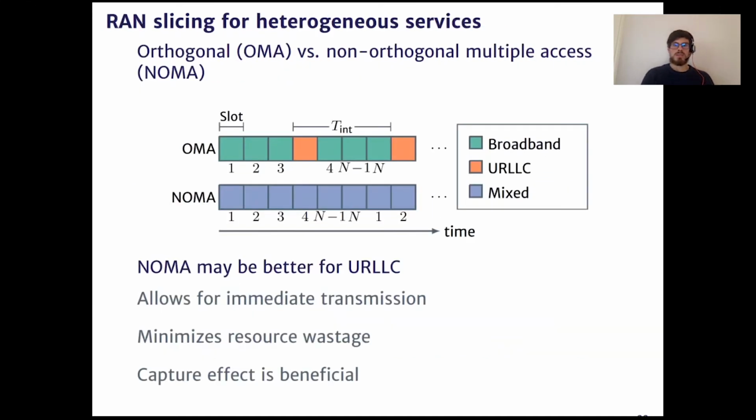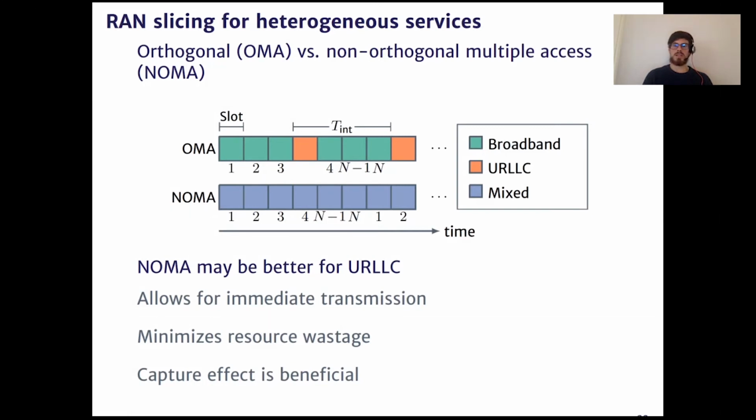Another thing that we can do, but this is more for the connected state that I described before, with orthogonal multiple access, is basically TDMA with the broadband user. So here we're considering heterogeneous services.